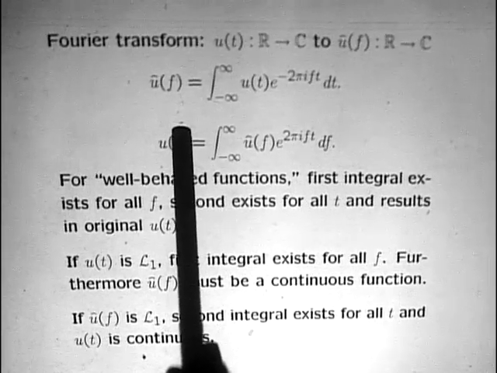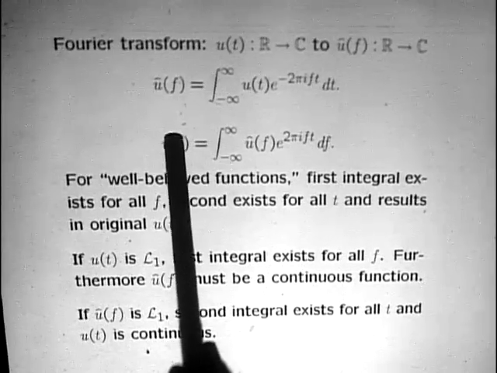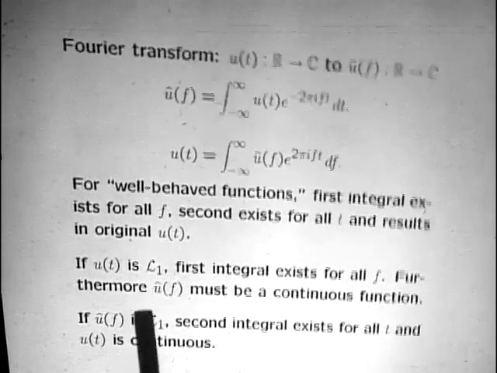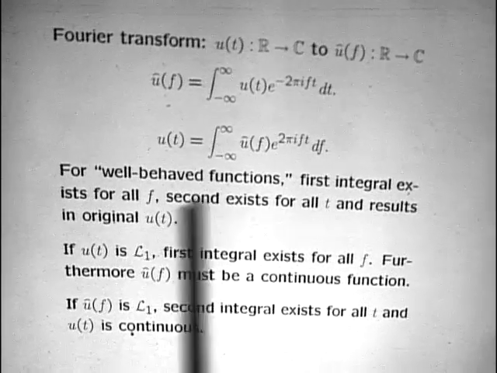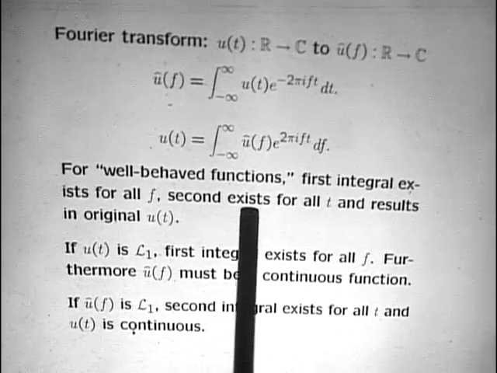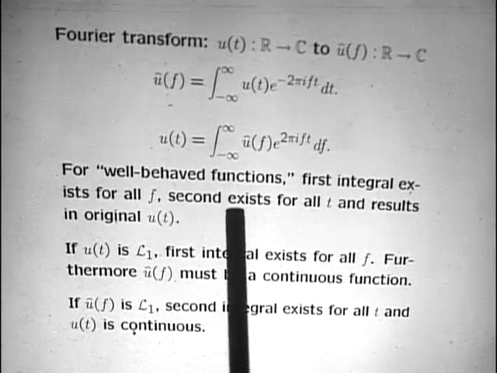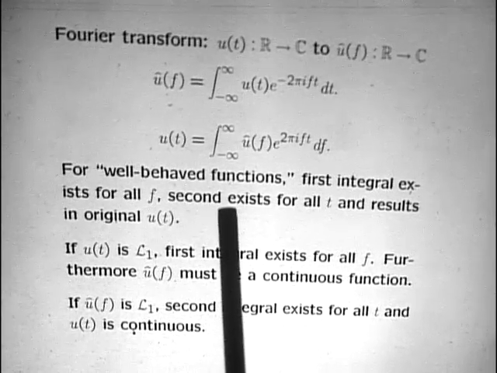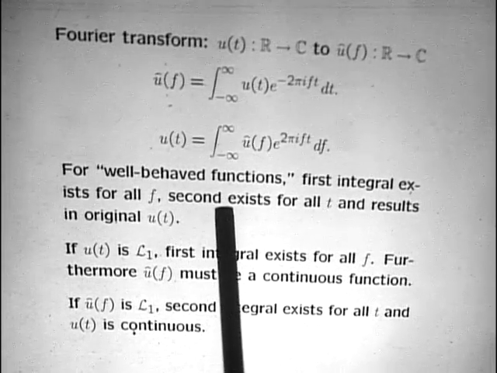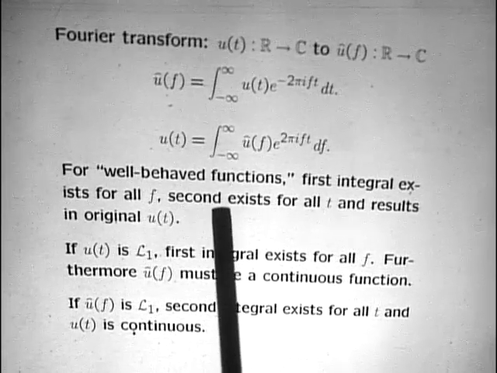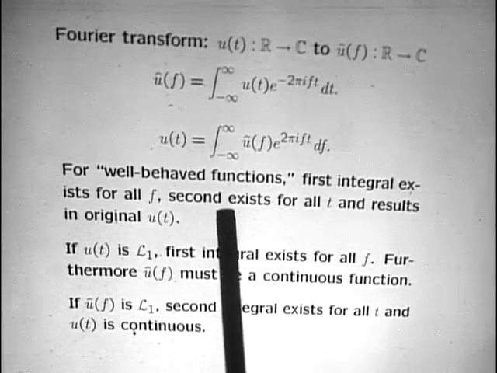Okay, namely, what you've learned before in all of these classes says essentially that if these functions are well behaved, then these transforms exist. And what you've learned about well behaved is completely circular. Namely, a function is well behaved if the transform exists, and the transform exists if the function is well behaved.